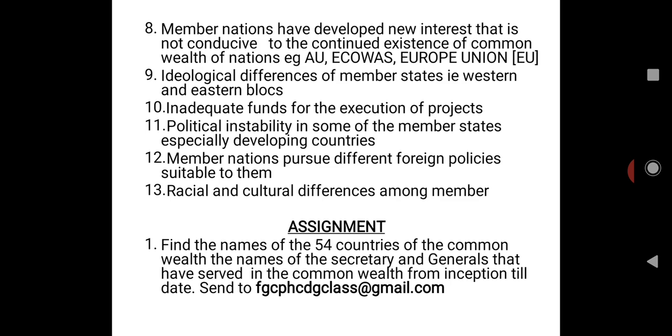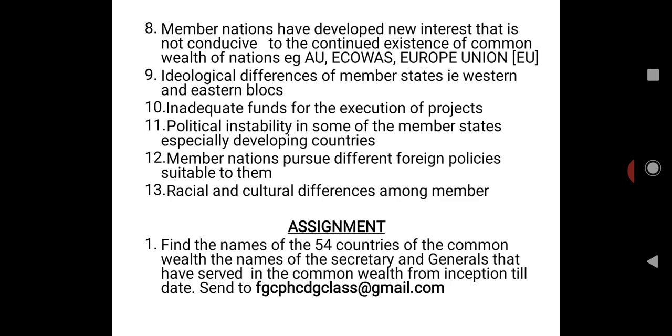For example, since the establishment of the African Union (AU), ECOWAS, and the European Union, member nations have developed new interests in these associations.